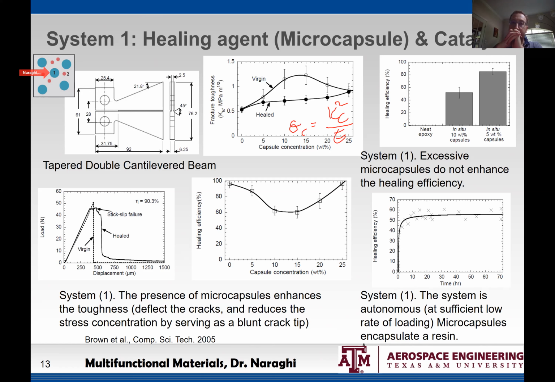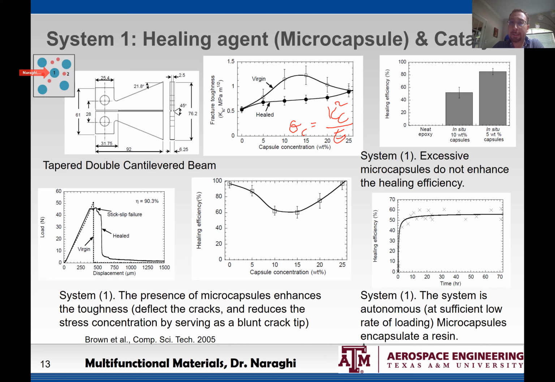So basically, by measuring GC, such as by a variation of the method I explained to you, they can measure the fracture toughness.